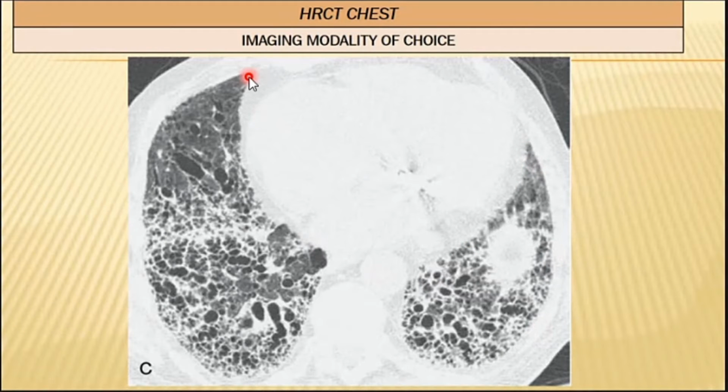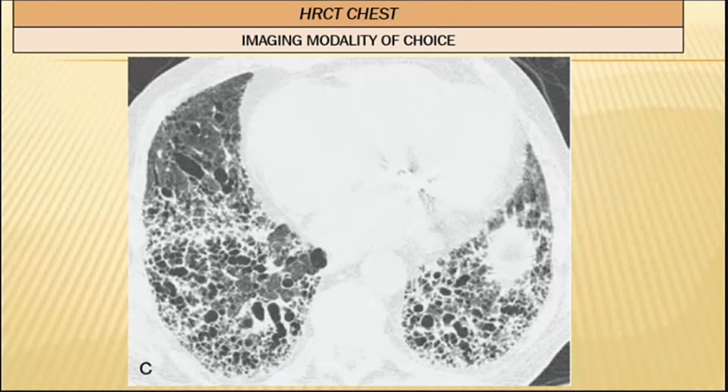For a similar person with UIP, where on X-ray we really do not see anything, your CT has already shown so much. This is what we call honeycombing. There's a lot of interstitial thickening, interlobular septal thickening. There's traction bronchiectasis here, there's already a loss of alveoli here. So this is what we can see on CT. CT provides very detailed images of your lung, which we can never get from X-ray.